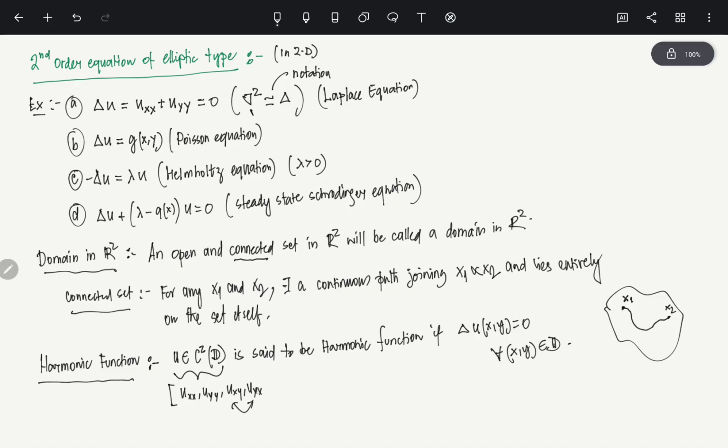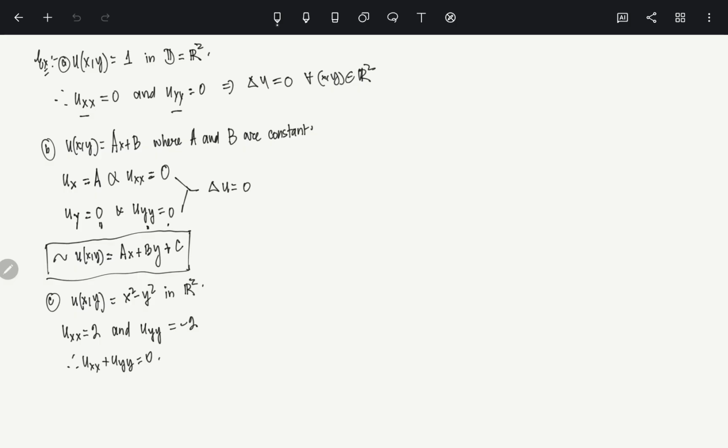So all these derivatives exist and are continuous. Then we say that u is in C2. Then we have what is called a harmonic function if the Laplacian of u equals 0, and these are examples of it. Of course, you can create many more examples, absolutely no issues.